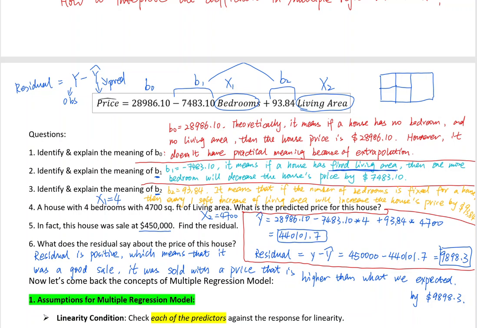Okay, the next one: what does the residual say about the price of this house? The residual here is positive, right? So that means our observed value is larger than the predicted value. That means it was sold at a price higher than what we expected, so it is a good sale, right? Okay.